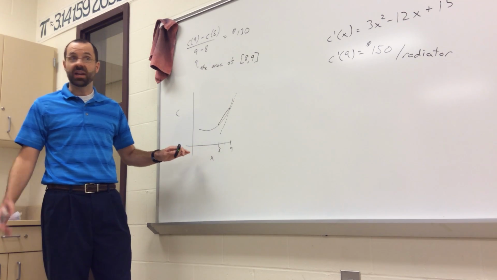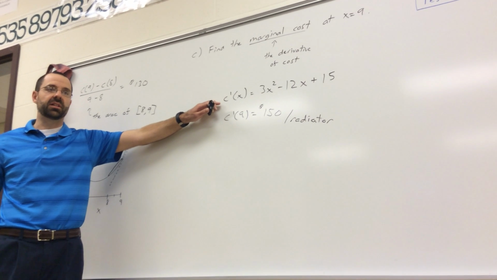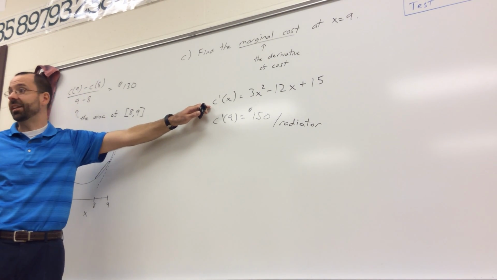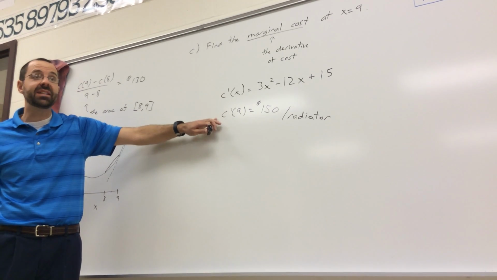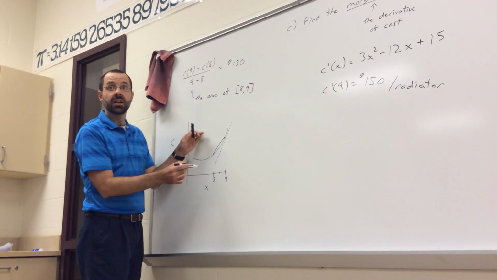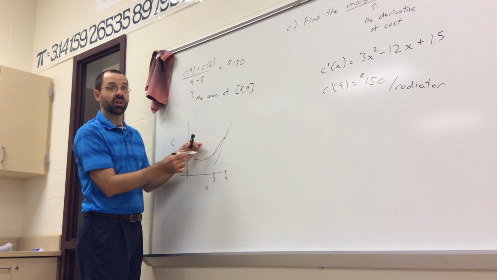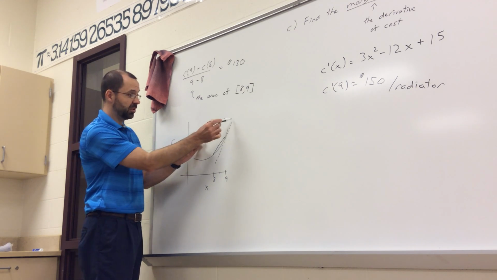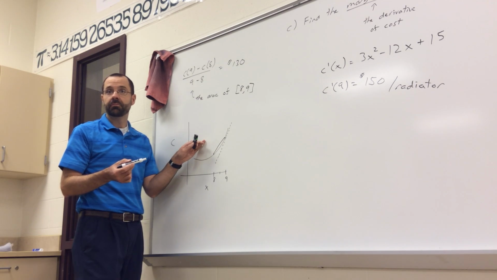So because of that, the derivative doesn't really make complete sense, because to have a derivative, you have to have infinitely close, so you have to have a connected graph. But the derivative is so easy that sometimes we use the slope of this line to approximate the slope of that line. The slope of this line was our cost for radiator number 9, right? So sometimes we use this to approximate the cost for radiator number 9.